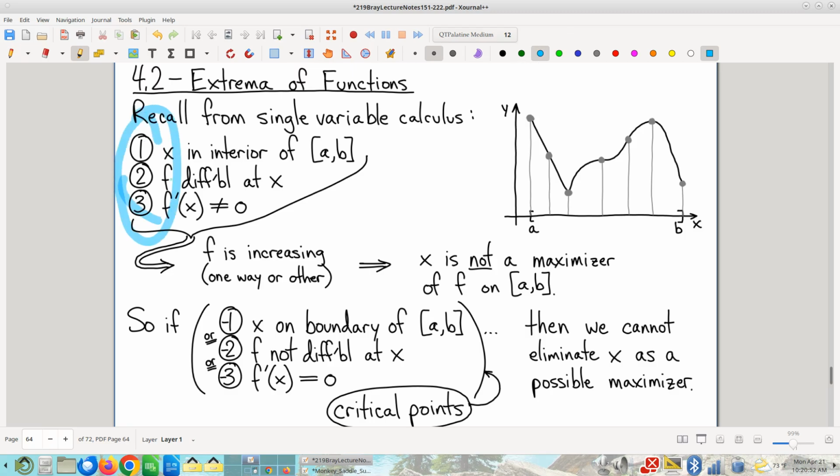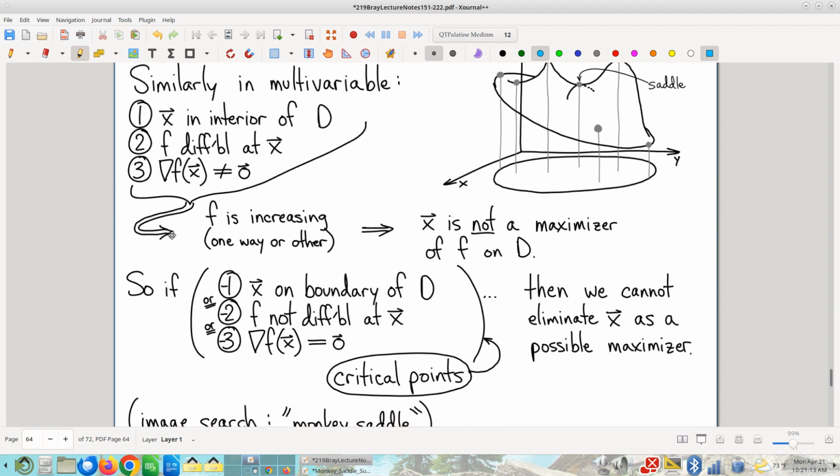Any one of these conditions fails, well, these are the points that we can't eliminate, and we have to consider them. We'll give them a name. We call them critical points. That's just a label that says, yeah, we have no idea what's going on there. This might be the point we're looking for. Can't eliminate it.